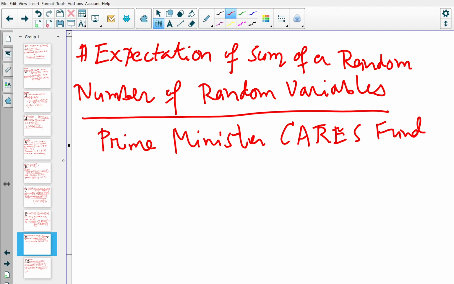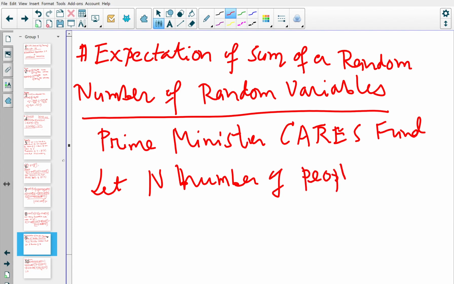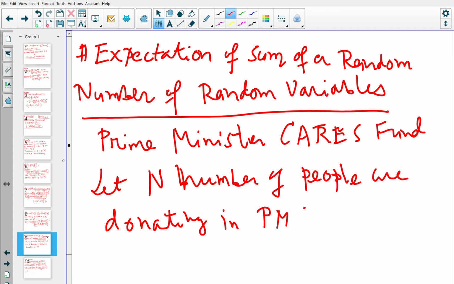Now suppose there are n number of people donating in this PM Cares fund.